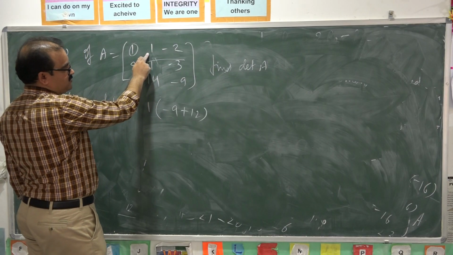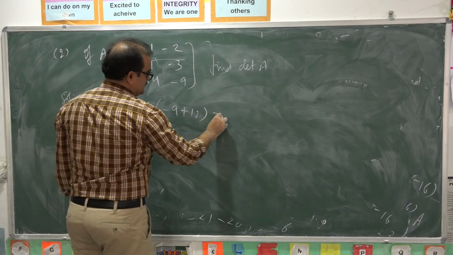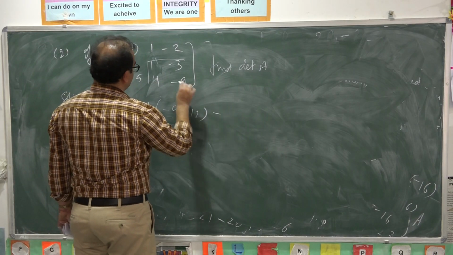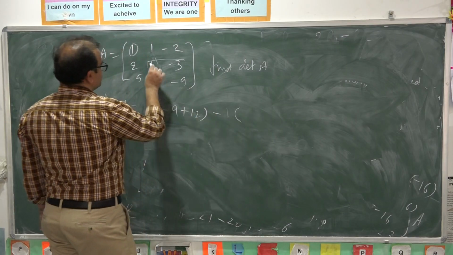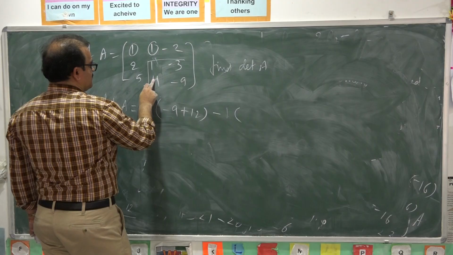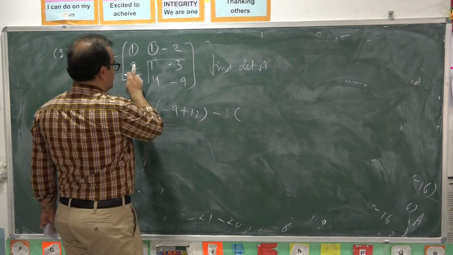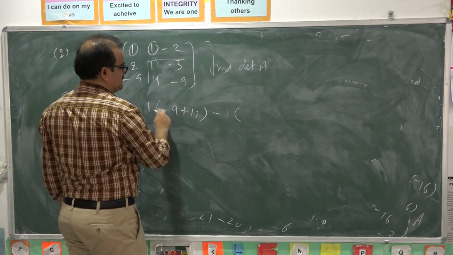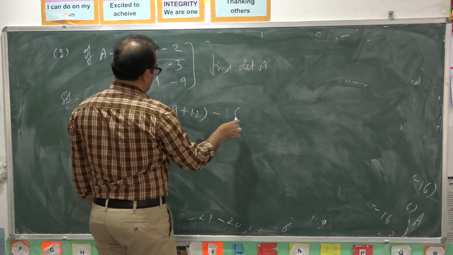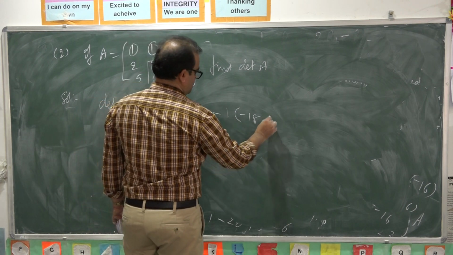Cofactor means minus 1 to the power of row plus column, 1 plus 2, 3. So you get minus here, minus of 1 into, you delete first row and second column. You get this 2 by 2 matrix, 2 minus 3, 5 minus 9. Determinant of that matrix, minus 18 plus 15.